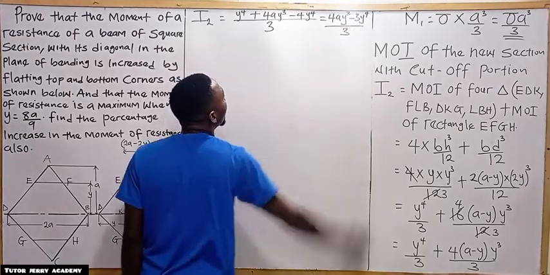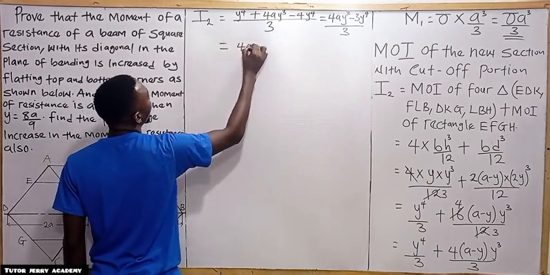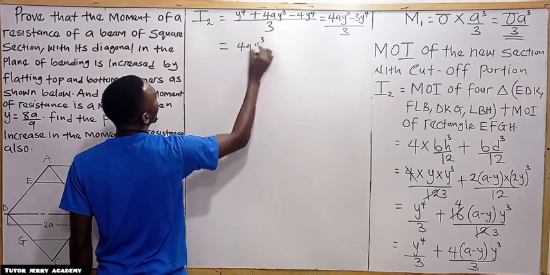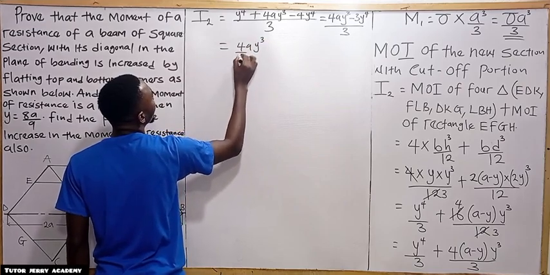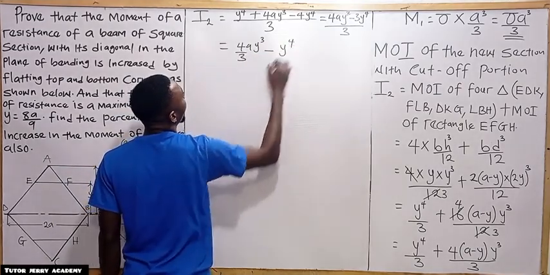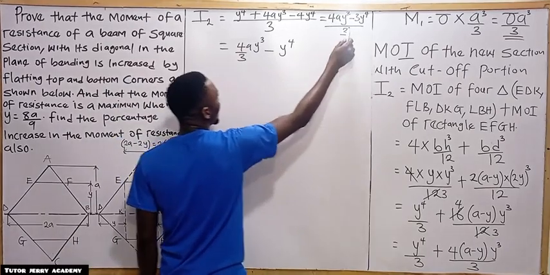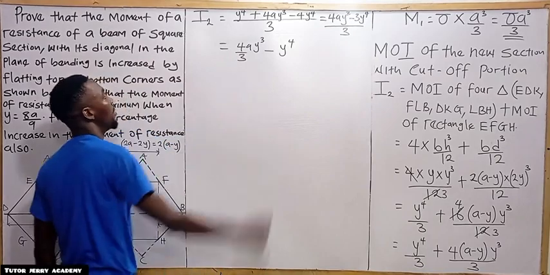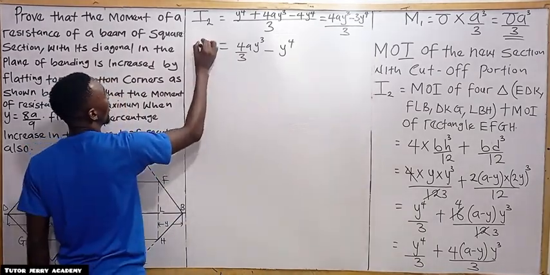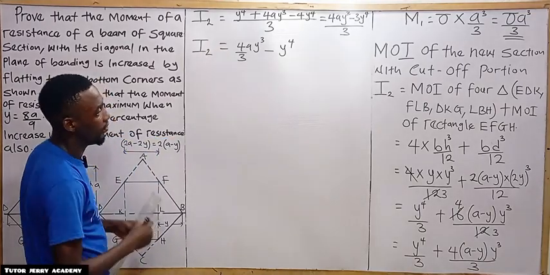If you split the 3, there you are going to have 4a y to the power 3 all divided by 3 minus y to the power of 4, because 3 will divide this, 3 will divide this. So 3 will cancel out 3 there, then we'll be left with this. So this is our I2, the moment of inertia of the new section.